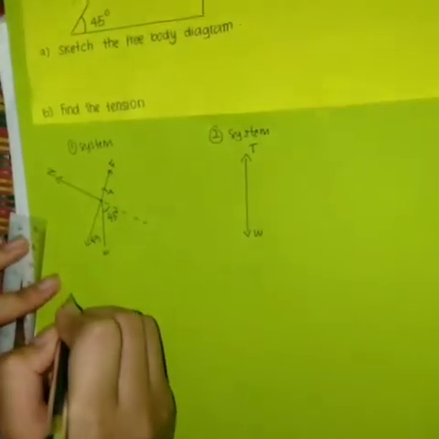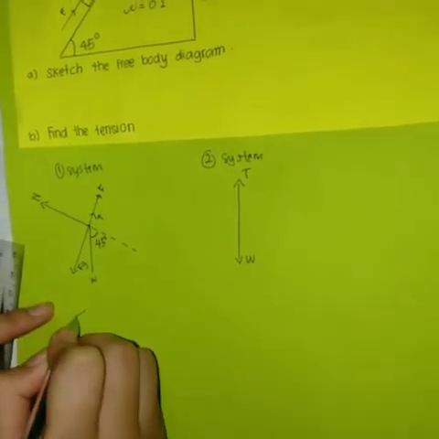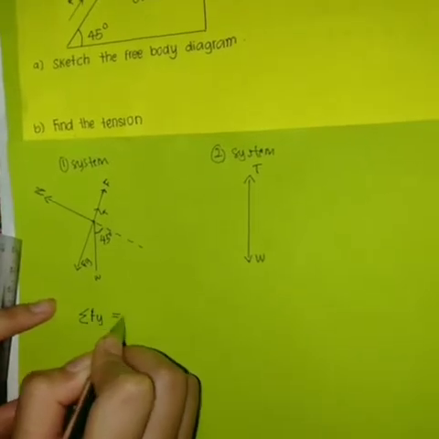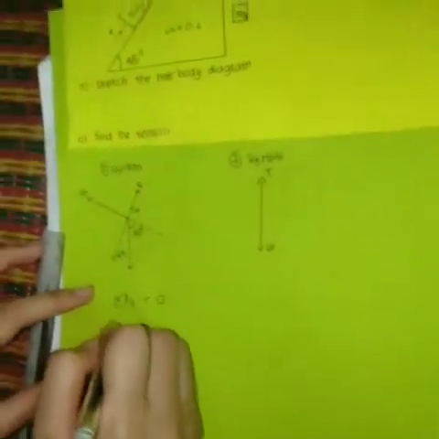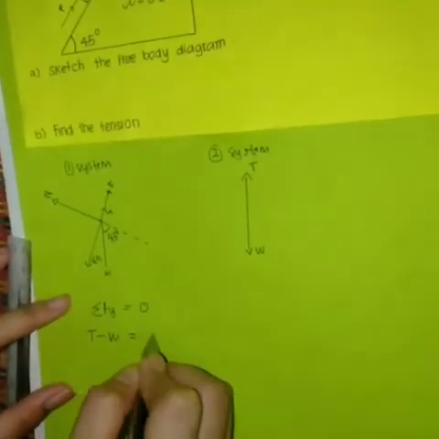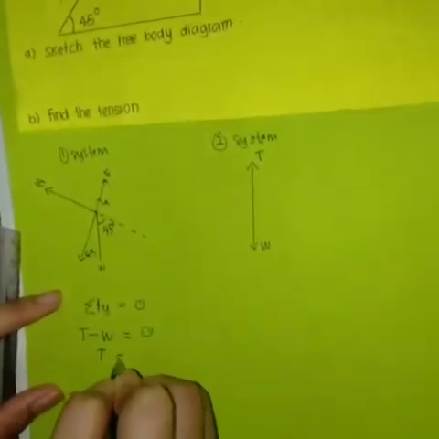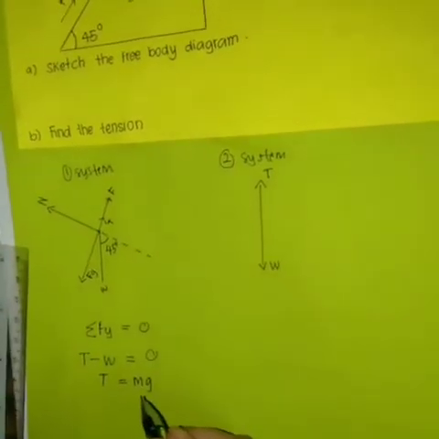Okay, for find the tension, we use sum Fy equal to 0. So y we get T minus W equal to 0. So W equal to mg because W equal to mg.